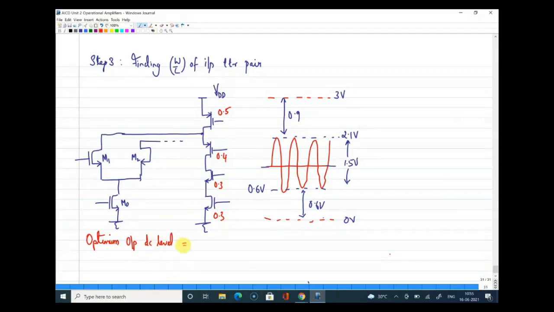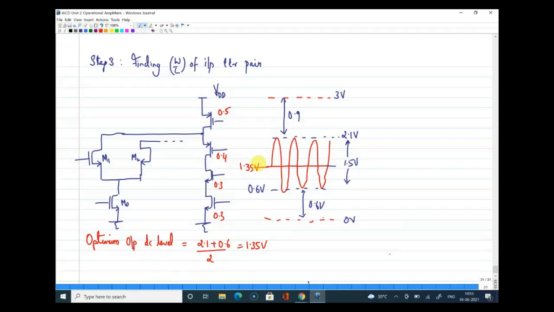I can write it as 2.1 plus 0.6 divided by 2, which is equal to 1.35 volt. That means this level is at 1.35 volt. Any doubt in what I have done? I have taken the cascode branch by deducting the overdrive voltages of the top transistors and bottom transistors. I just obtained the optimum DC output level in this case, and I got it as 1.35.